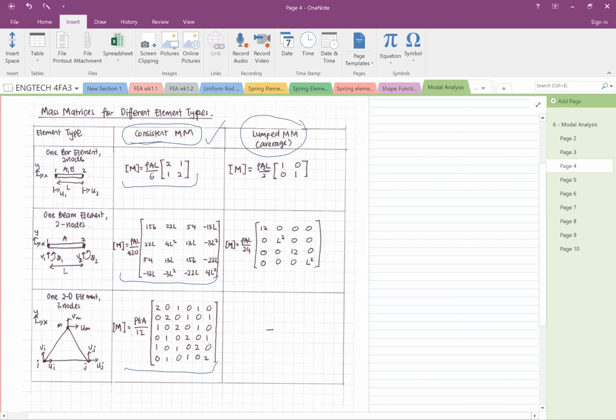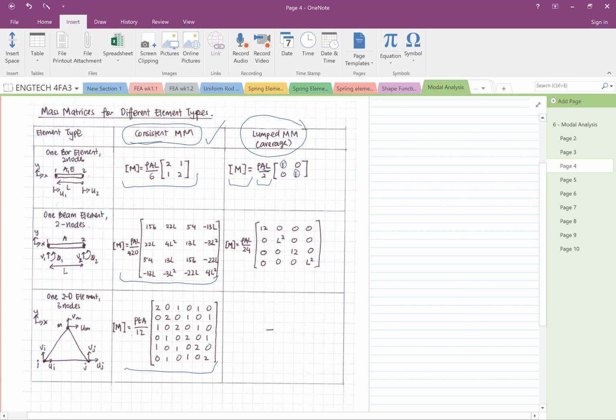Volume times density is the total mass of the bar, and then divide by 2 and put it at the end nodes. So they are trying to simulate the whole mass of a bar, divide by 2, and put it at the end nodes only.